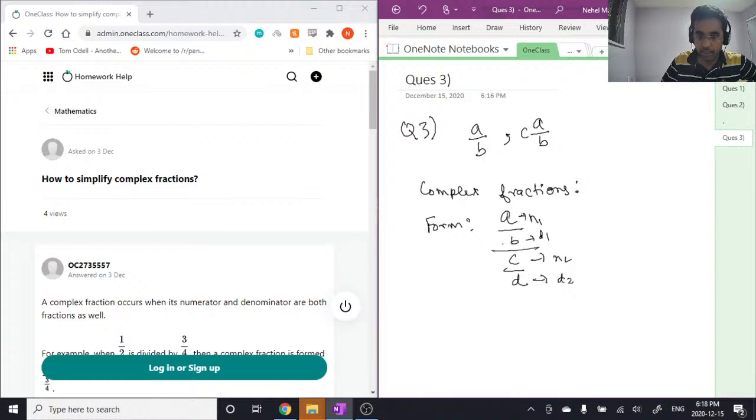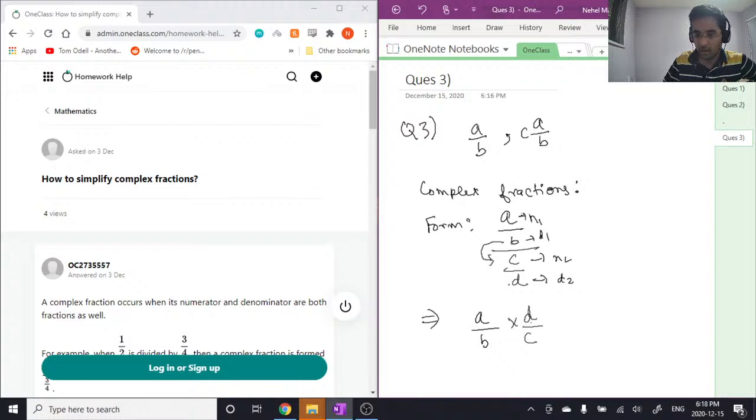The way to look at it is that this number b is actually being multiplied to this number c, and this number d is actually being multiplied to the number a. Essentially, what that means is we have something of this sort going on. a over b is nothing but, okay.